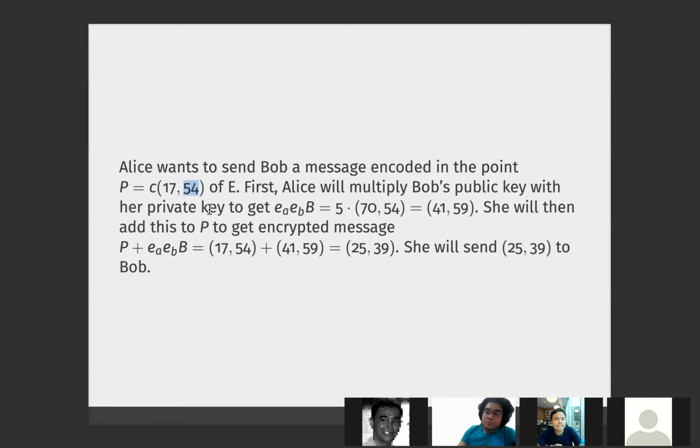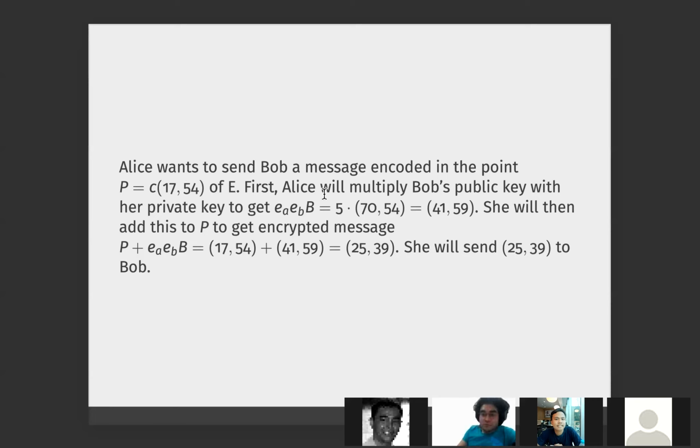So how do you get 54? You have the equation of the elliptic curve, which is y squared equal to x cubed minus 3x plus 3, so you can already compute the y coordinate. So this is P, the message we want to send to Bob.